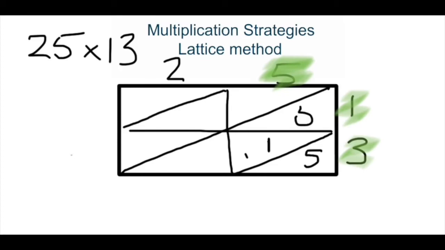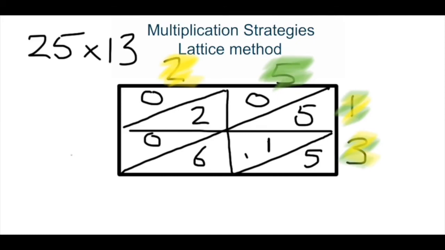So we put 5 in our units and 0 in our tens. Now we do the other side, and we take 2 and times it by 3, which gives us 6. So we put a 6 down the bottom and a 0 up the top. And we do 2 times 1, which just gives us 2. So we put a 2 down the bottom and a 0 up the top.